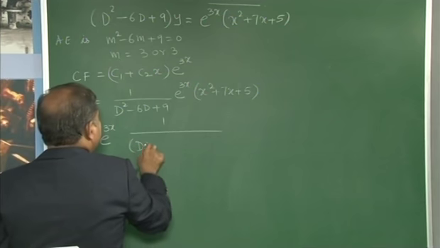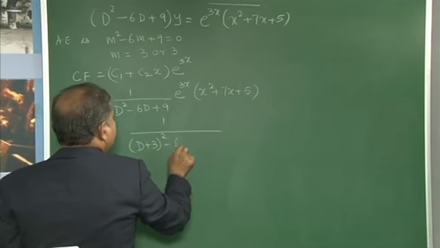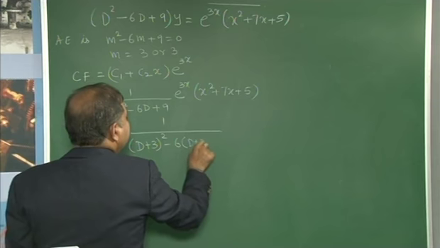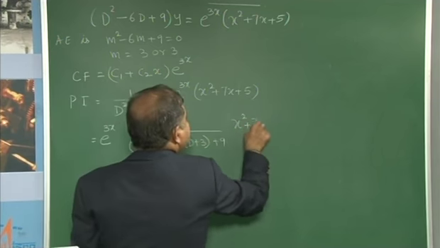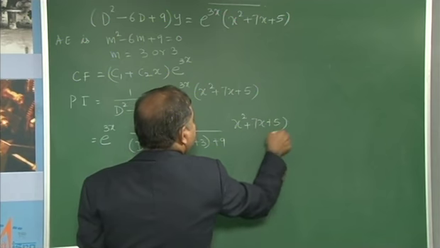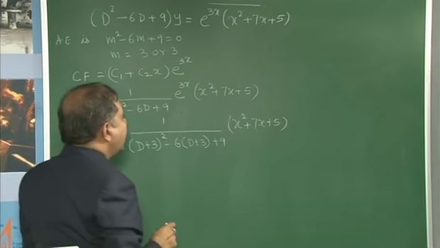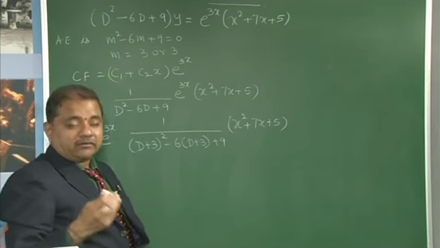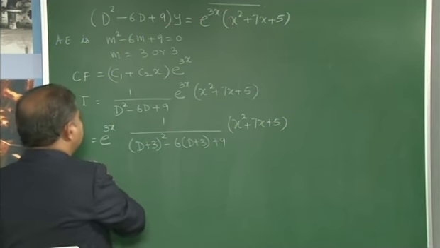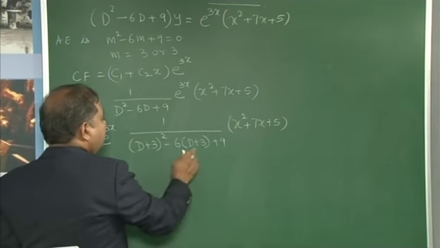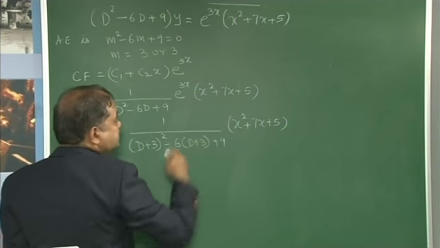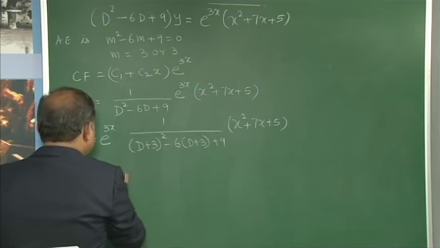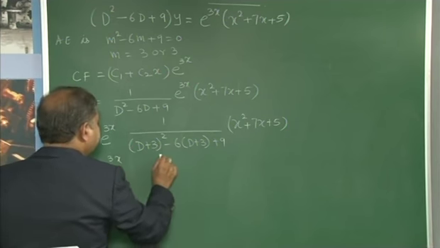So, D plus 3 whole square minus 6 into D plus 3 plus 9, x squared plus 7x plus 5. So the idea of e power 3x is over. It has been taken to the left, wherever D is there I have replaced it with D plus 3. Now, I can see the problem is of type 3. First, let me simplify it.